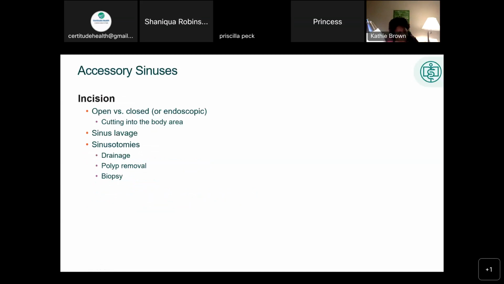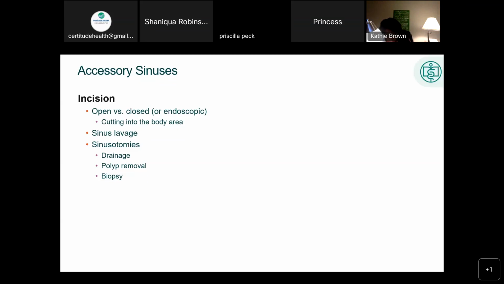Incision. So incisions can either be done open or closed. So an open incision, what do you think that means? That means that they're actually cutting into a body area. But if they're doing it endoscopically, then that means that they are using a scope.